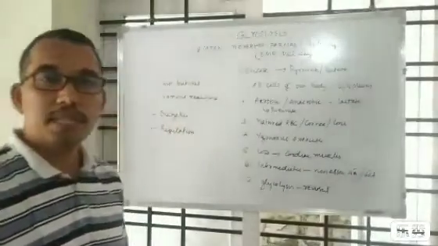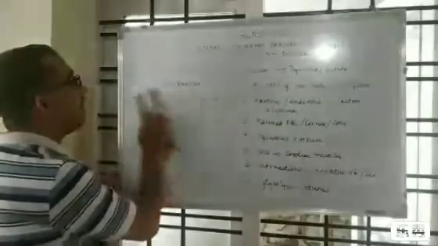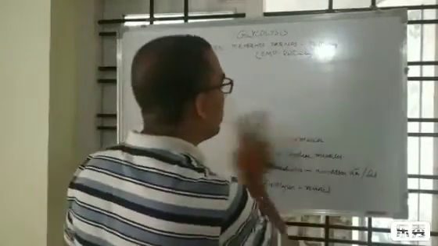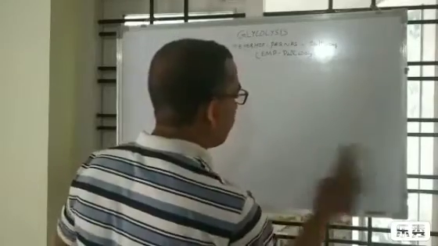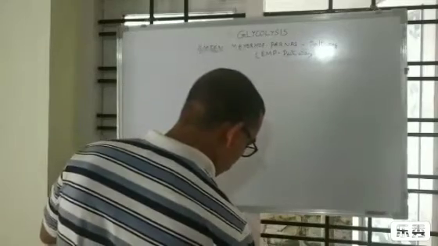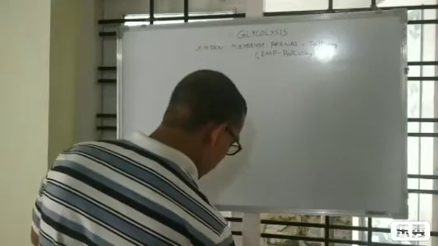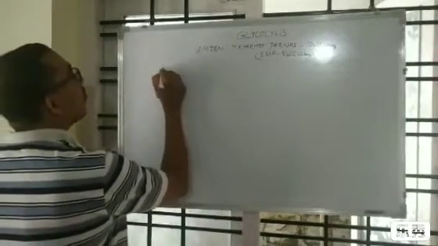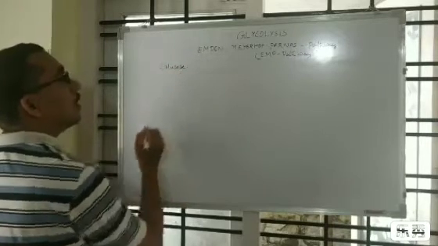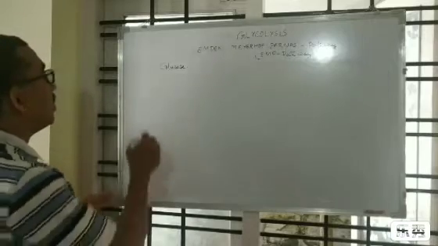See, coming to the steps involved or various reactions of glycolysis. First is glucose. The glycolysis is a conversion of glucose to pyruvate or lactate.